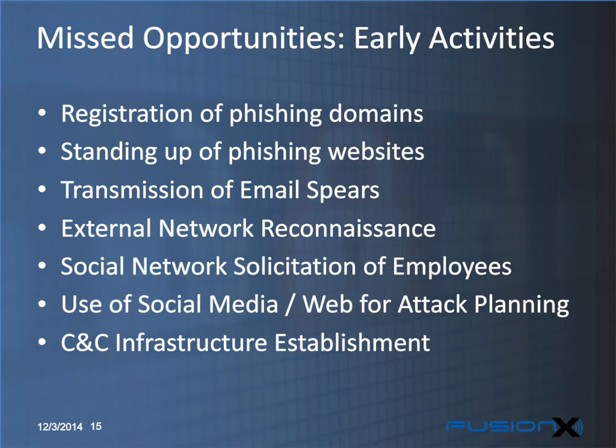External network reconnaissance. We don't see a lot of this these days, but we definitely still do see adversaries looking at external network services, especially when it comes to web applications. And, for example, we see a lot of SSH brute forcing still from China. Social network solicitation of employees.